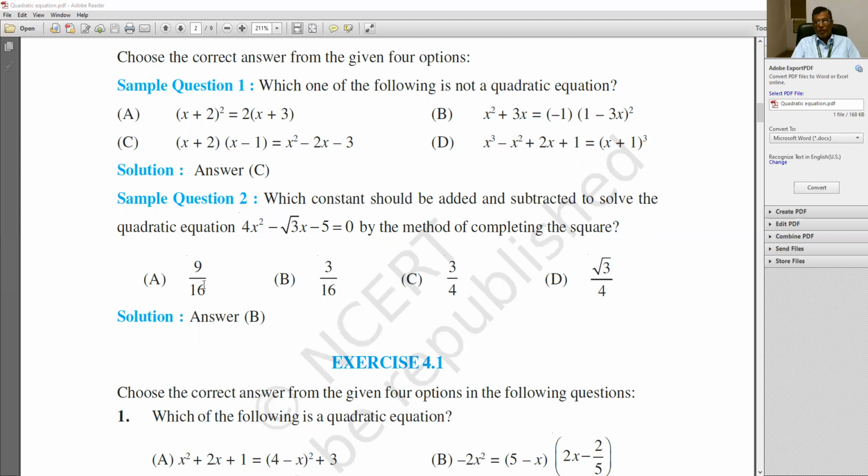Means what should be added and subtracted. So this is your first option, this is your second option, this is third option, and this is fourth option.